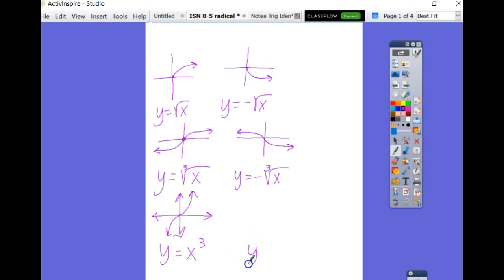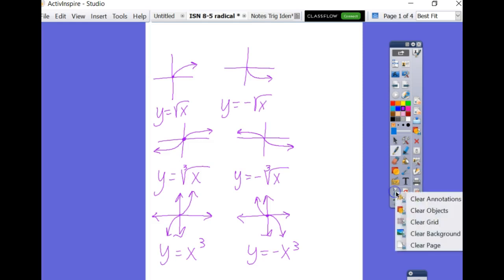So if I want a negative, it's going to reflect and go this way. So all the positives go up to the right, and all the negatives go down to the right. Okay? All right, one other thing I want to review before I start today.